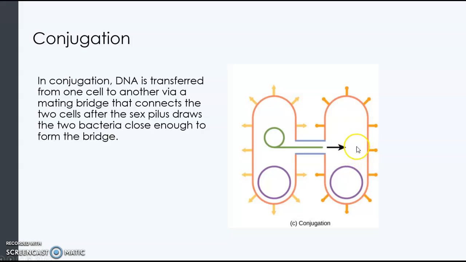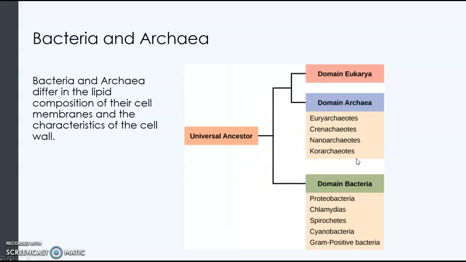And now every time it divides, it will have those additional genes. So those are 3 ways that new genes can be introduced into bacteria. And then variations also occur simply because every time the bacterium undergoes binary fission, there can be mutations in the DNA code, just regular mutations during DNA replication.